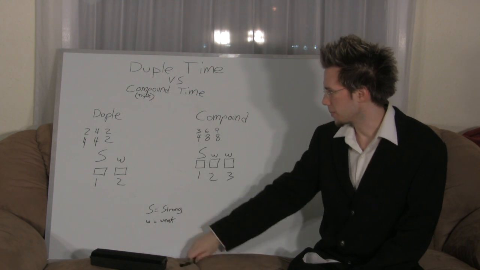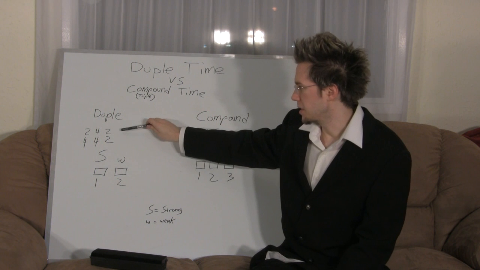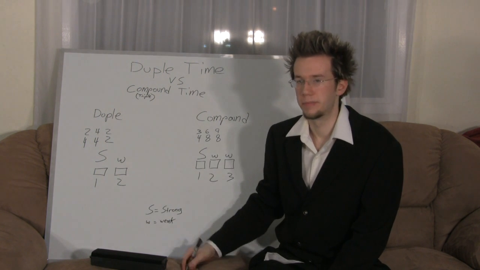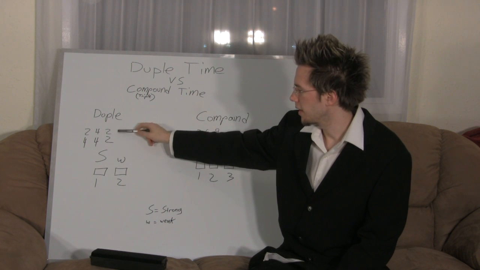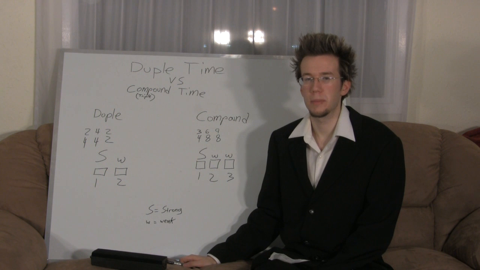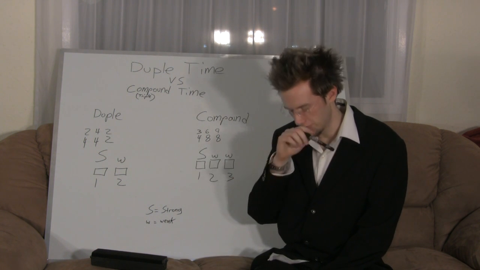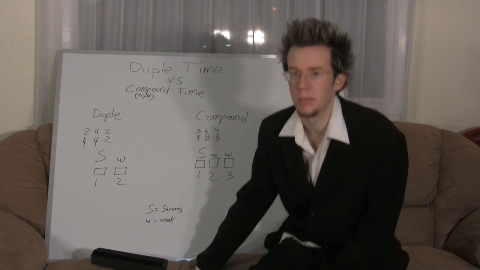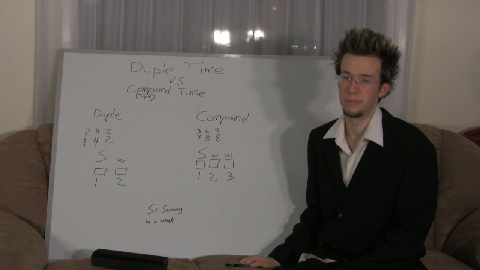Now, I want you to notice something. With duple time, all your top numbers are always going to be divisible by 2, okay? So 2, 4, I have 2, 2 here. Now, if it's divisible by 3, usually the 3 can sort of go either way. Here's a great example: 6/8 time, you can divide it by 3 or 2.